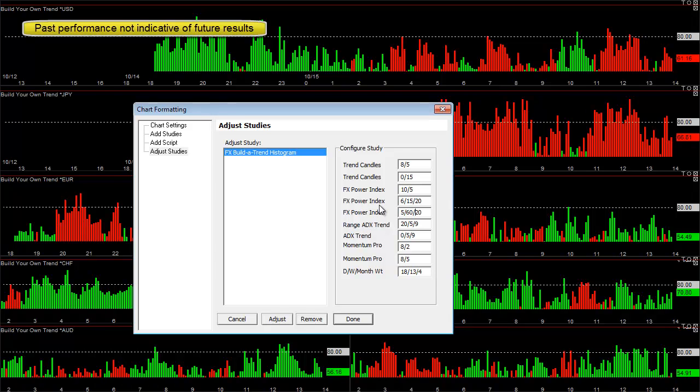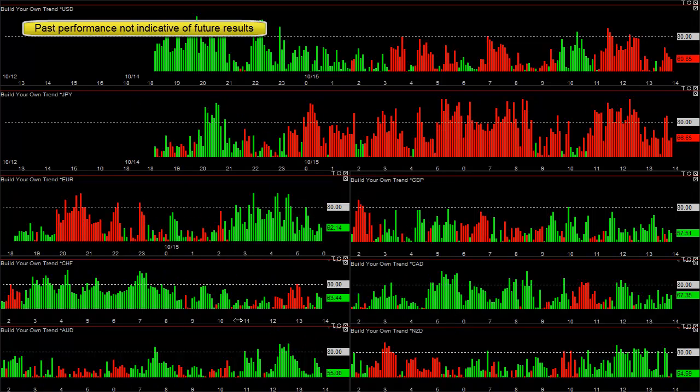Then I've also added the daily, weekly, monthly trend to this. 18% weight for the daily, 13% for the weekly, and only 4% for the monthly. But if two currencies have similar trends, 4% might make the difference and might have you trading one currency more than another.